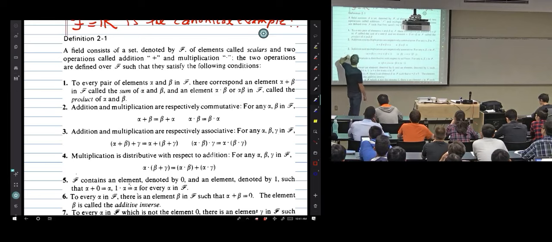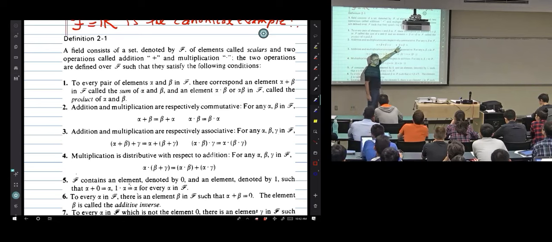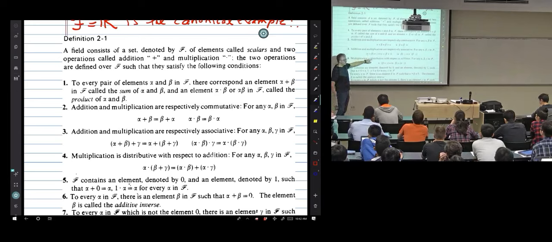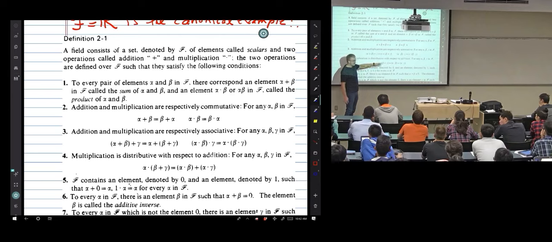No problem, right? Does it matter in which order I add my integers or I multiply them? No problem, right? Does it matter in which order I associate? No. The distributive rule, all that stuff works?